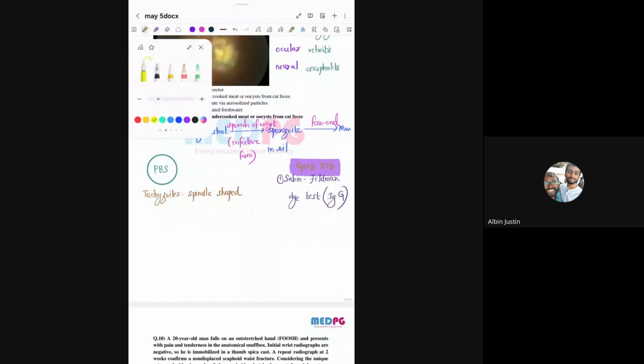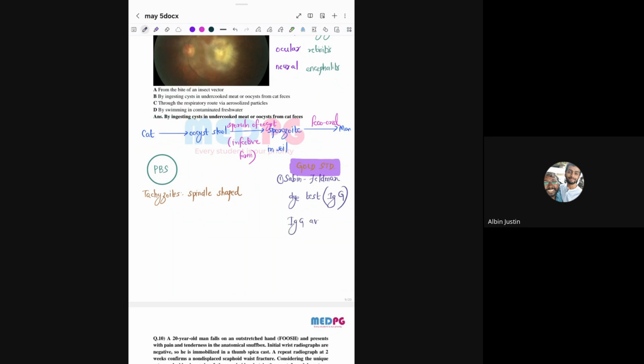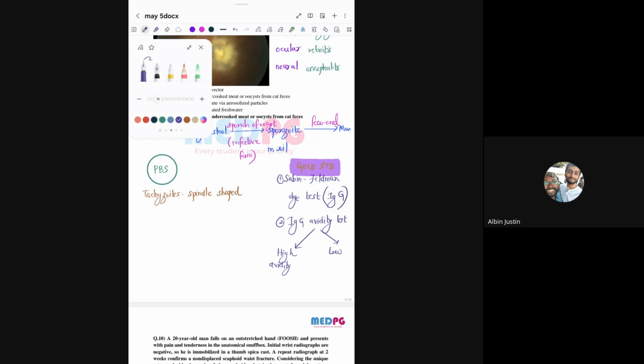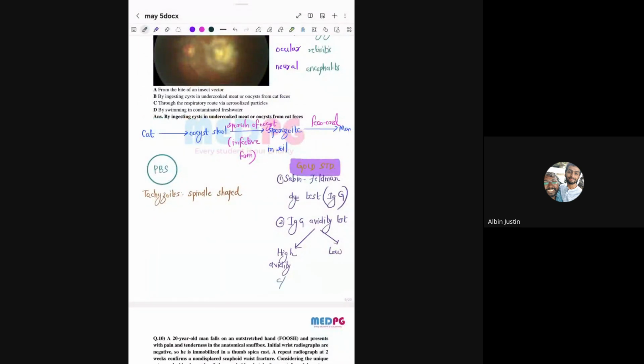Then you have the IgG avidity test. It can be high avidity or low. High avidity means it is a chronic infection. Low avidity means it is an acute infection.